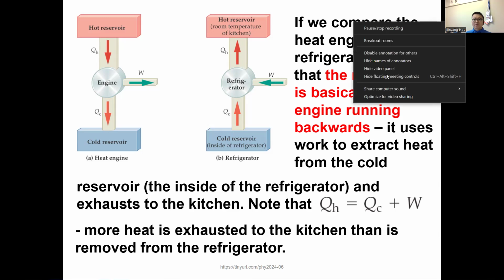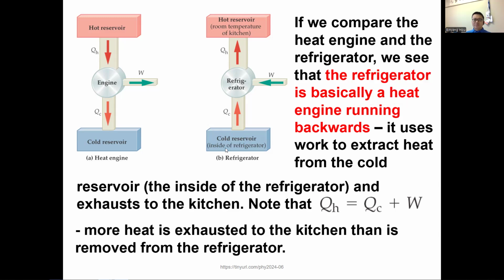So in this process, your cold reservoir is the food or the inside of the refrigerator, and the hot reservoir is the room temperature outside of the refrigerator, or the kitchen.